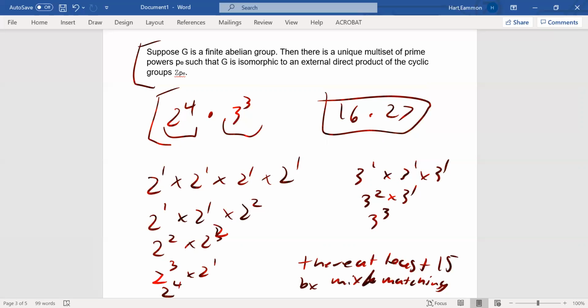Oh, well, it's just that there are this many up to isomorphism, the partitions of each.